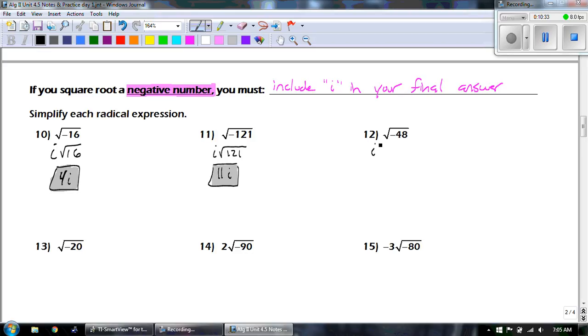So the i would come out front, the negative is gone, and then how do we get 48? Is it 36, 25, 16? Yeah, 16. 16 and 3. The square root of 16 is 4. The i comes, and then the square root of 3.